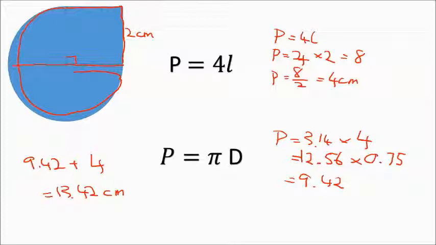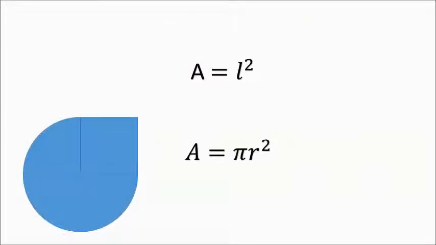Let's say I wanted to work out the area of this object. So, again, I know that that is 2 centimetres there, and I know it's a square. So, how do I work out the area of my square? Well, that's easy. A equals 2 centimetres squared. So, the answer there is 4 centimetres squared.